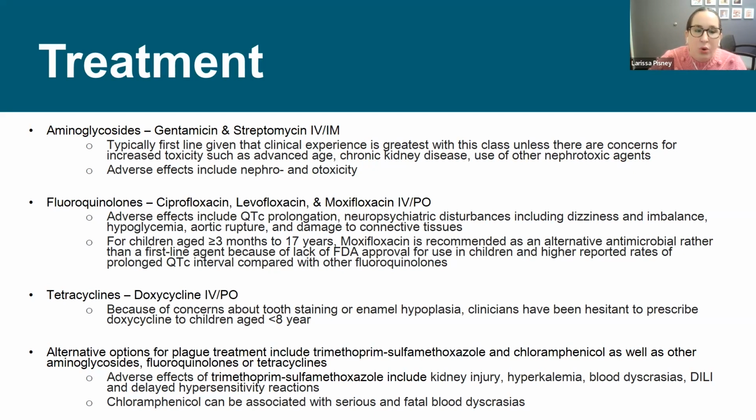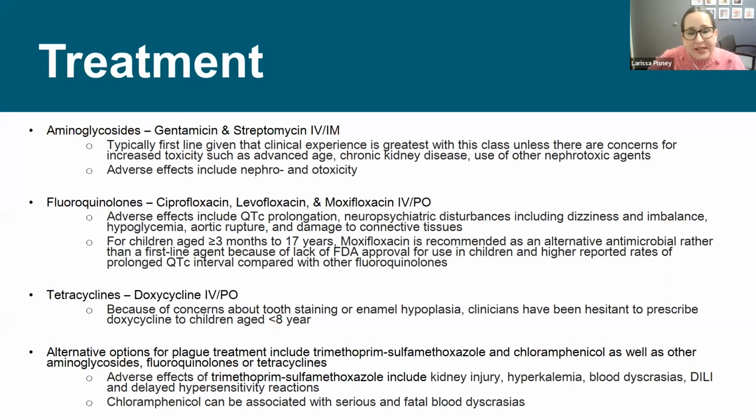It's also important to note for children 3 months to 17 years, moxifloxacin is put down into the alternative category just because this agent has higher reported rates of QTc prolongation compared to other fluoroquinolones, and it's not FDA approved for use in children.